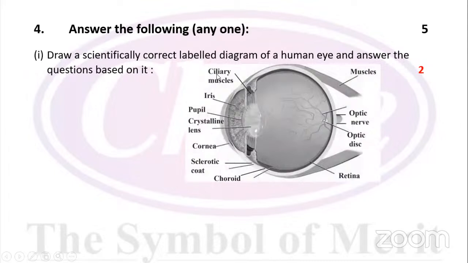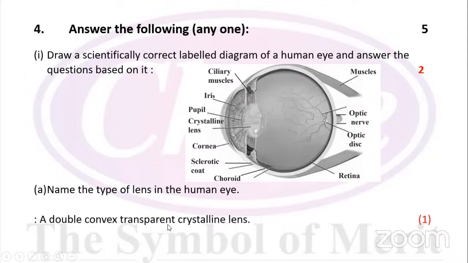Okay, so you are supposed to give at least 5 to 6 labels to this diagram so that you can get all 2 marks for it. Okay, so practice this diagram. Now let's see the questions for that. Name the type of lens in the human eye.